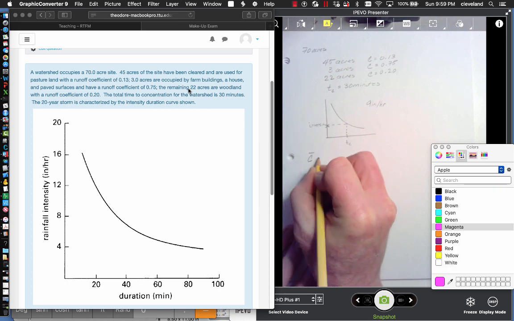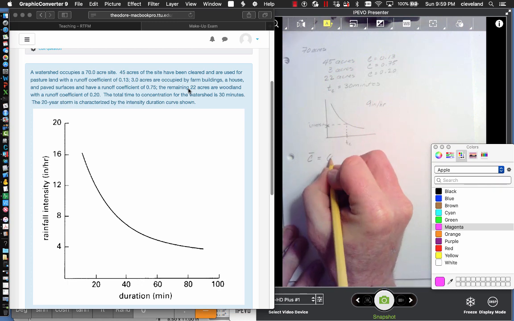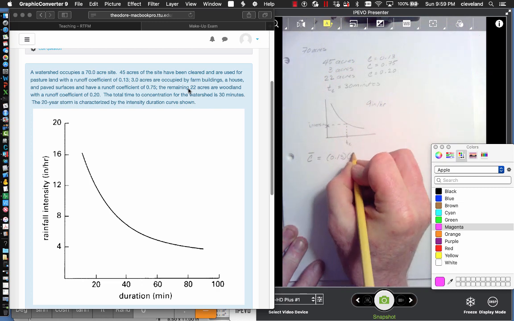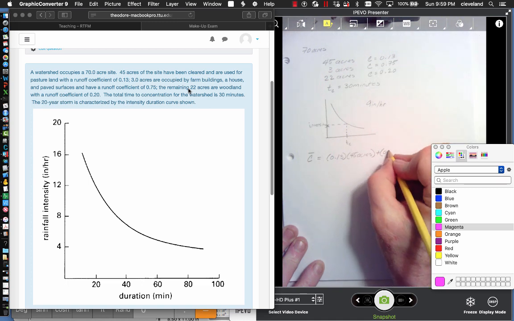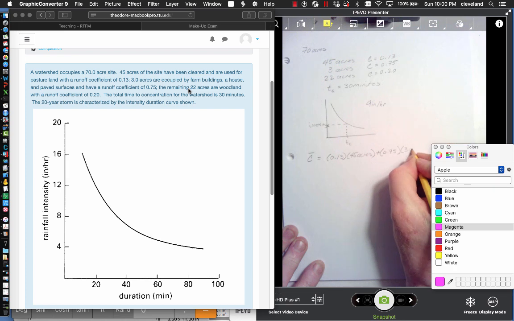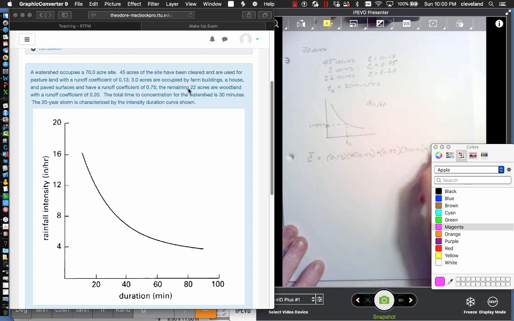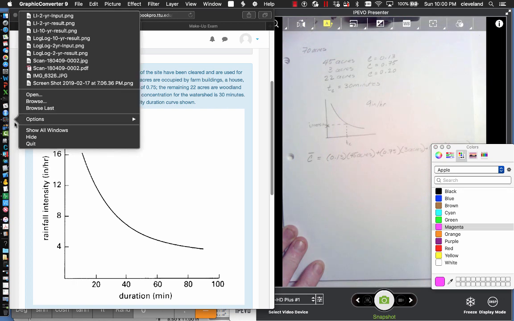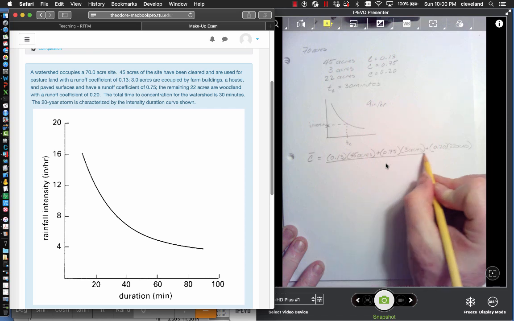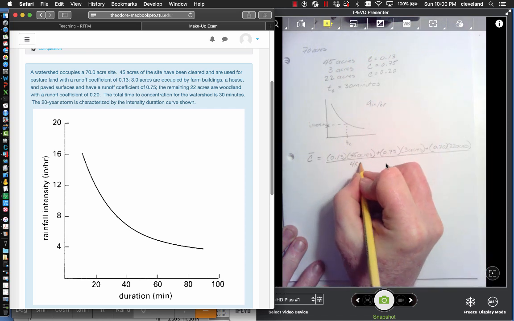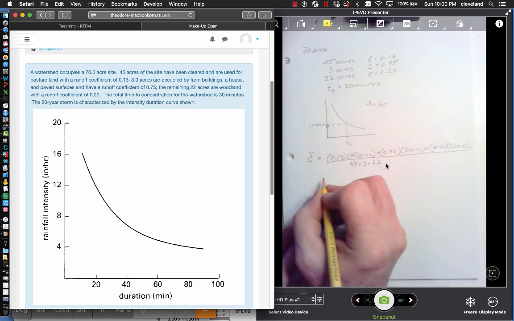So C bar is equal to 0.13 times the 45 acres plus 0.75 times the 3 acres plus 0.20 times 22 acres, all divided by 45 plus 3 plus 22.